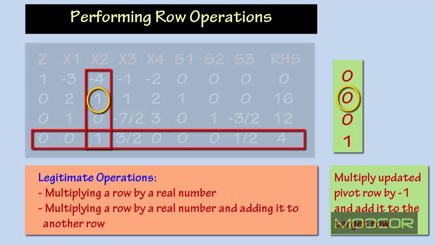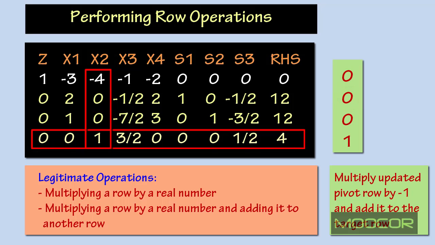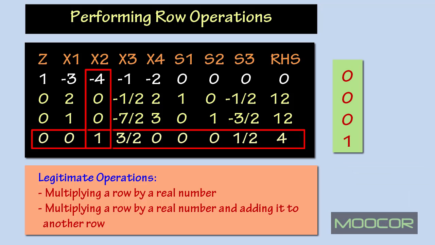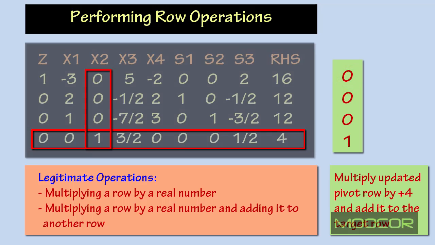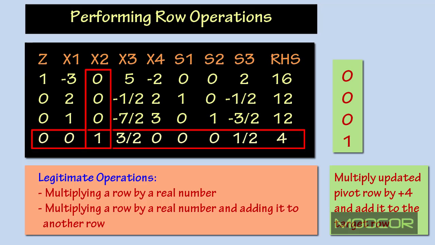And finally, the -4 that we have on the z row, we need to convert that also to 0. So we are going to multiply the new pivot row by +4 and add it to the z row. Now you will notice that we have accomplished what we were looking for.